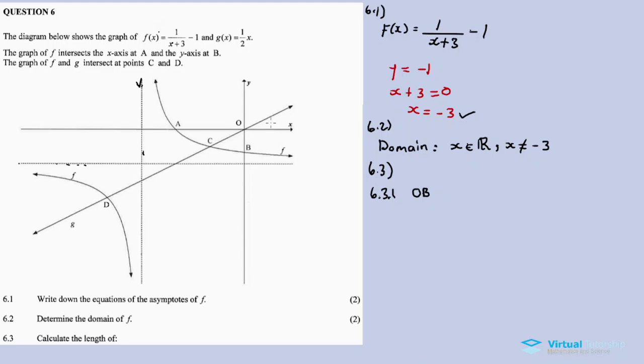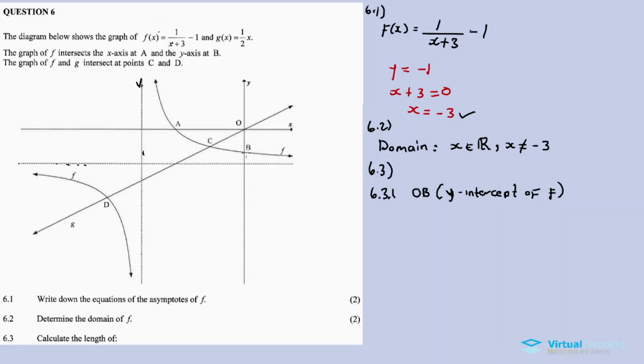And OB is the length from O to B, which is the same as the y-intercept of f, from O all the way up to B. So the length from O to B is the length of the y-intercept.